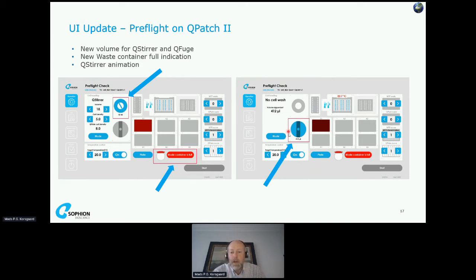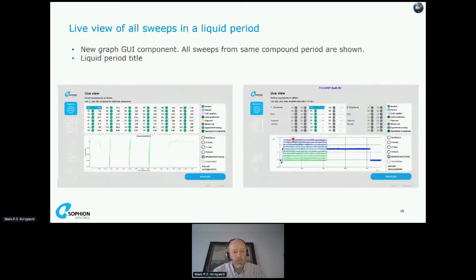You also have a volume readout at the centrifuge telling you how much is actually being prepared in the Eppendorf tube for the experiment. It's now possible to see all of this in the live view on the screening station.